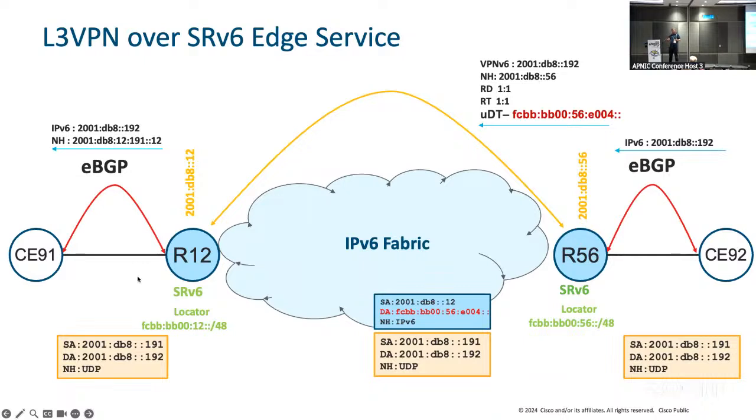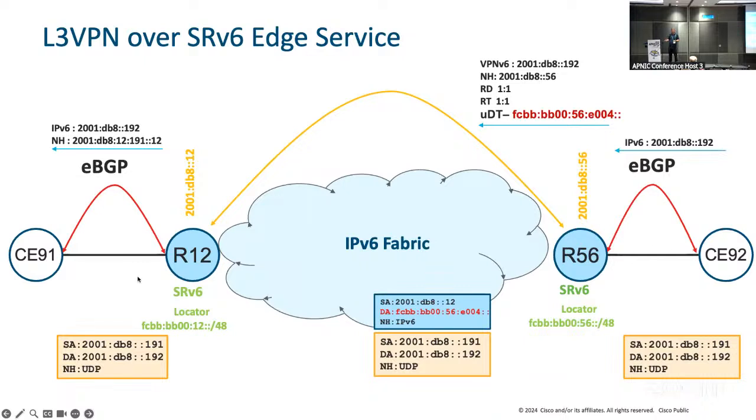And say I have an IPv6 prefix, for example 2001:DB8:192, which is my VRF IPv6 unicast prefix. I'm going to advertise it from CE92, so that CE91 can reach this IPv6 unicast across the SRv6 core. That's what I'm going to do.